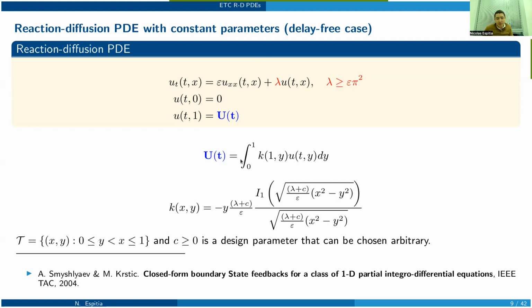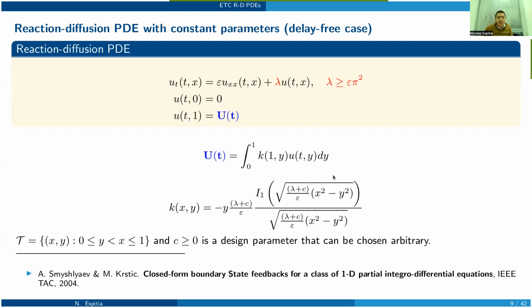And this boundary controller was designed using the backstepping method for PDEs, which includes a Volterra transformation whose kernel, in this case, can be given explicitly and in terms of a modified Bessel function. This kernel includes the parameters of the plant and a parameter c, which can be chosen a priori, and it's very helpful to boost the convergence, to adjust the decay rate of the closed loop system.